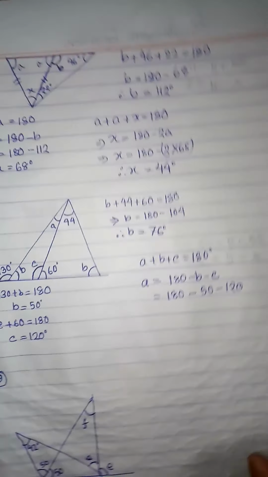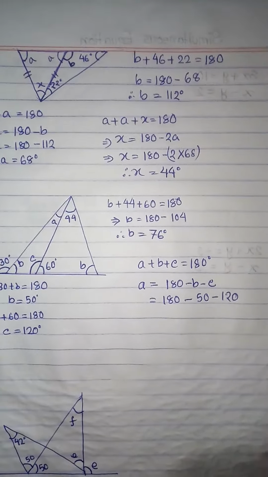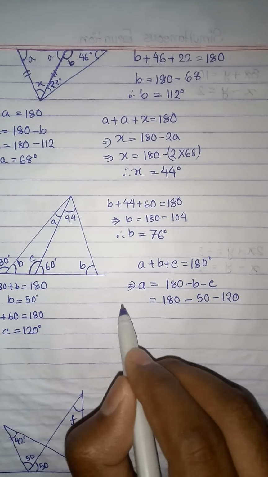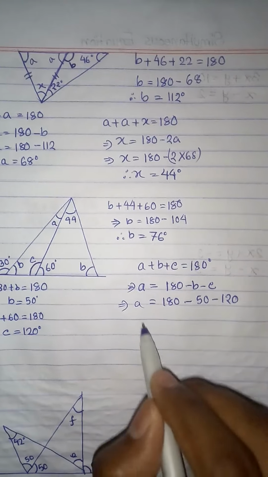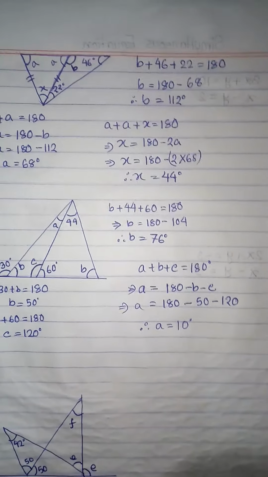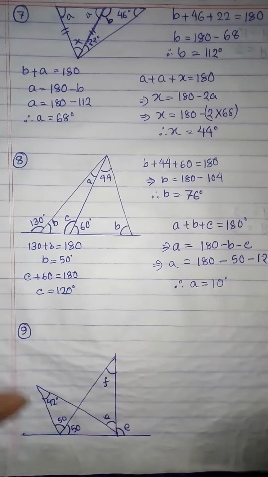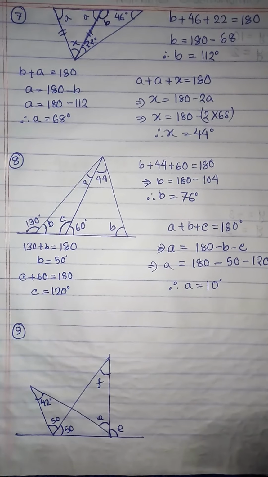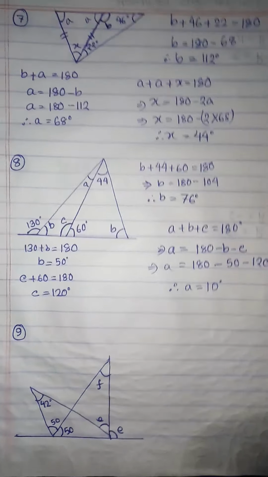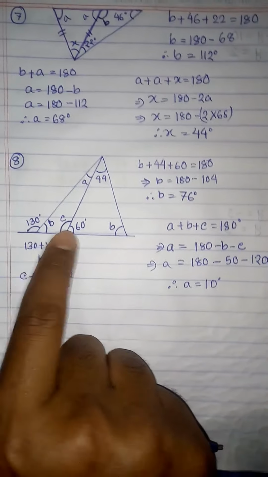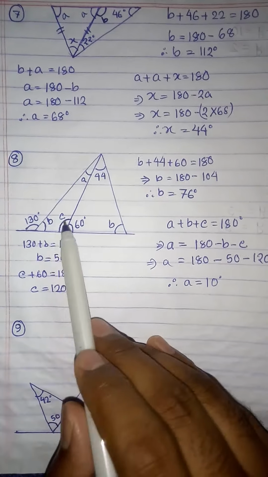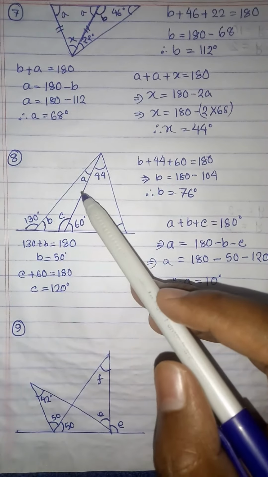So the value of a is 10 degree. Okay, so the value of a is 10 degree, as you can see clearly. With the very first stage we found the value of b, and then we found the value of b and c by taking them as imaginary angles, and using their formula we found the value of a.